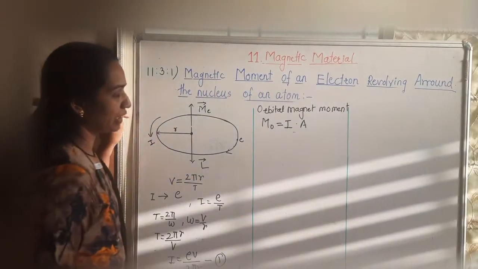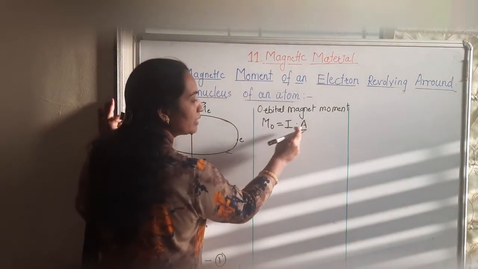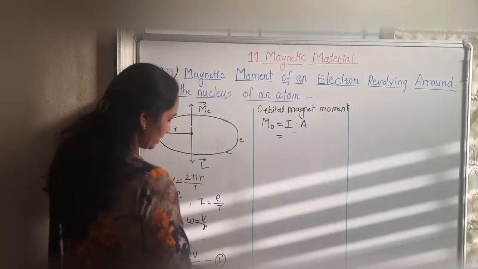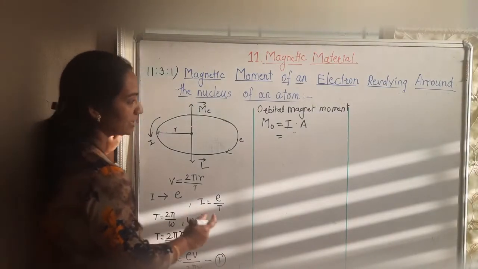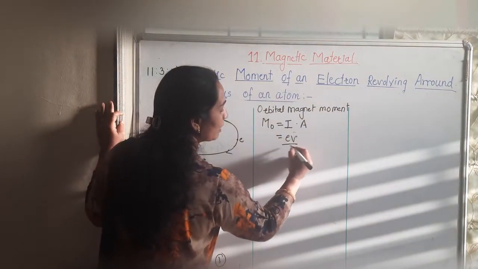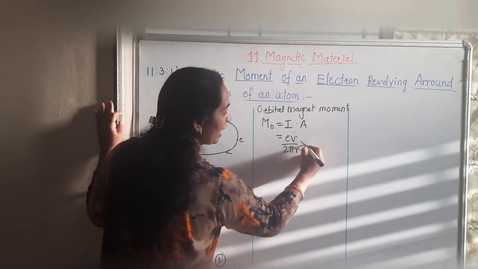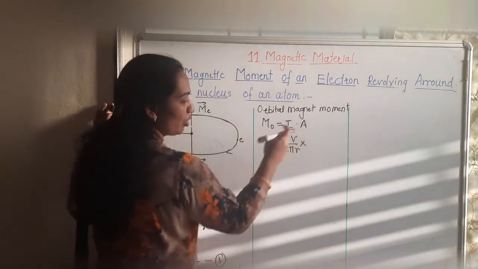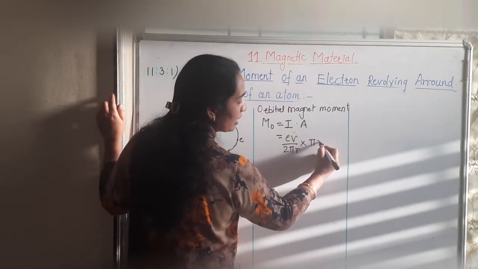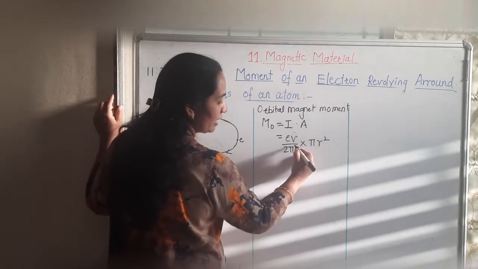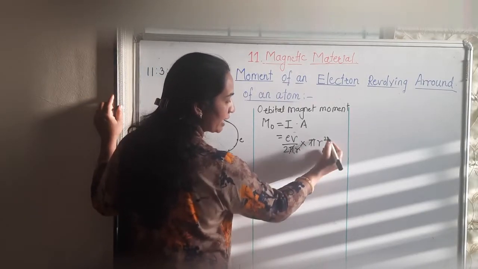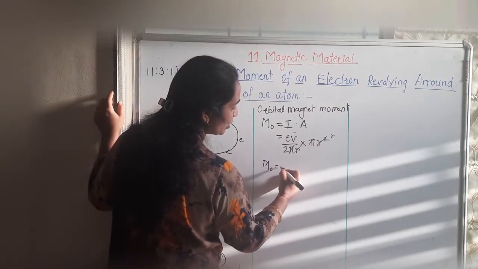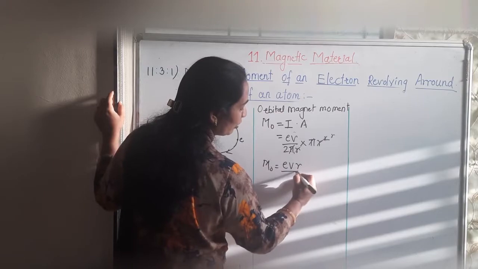From equation 1, the value of I is equal to ev upon 2πr, and the area of the circular orbit is πr². Here π cancels and one r cancels, leaving r. Then the magnetic moment m₀ is equal to evr upon 2.